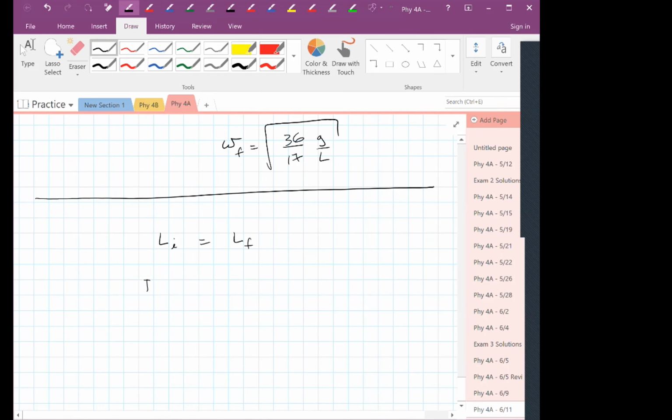So if I is small, then omega has to be large, and if I is large, then omega has to be small. That's a visual of the equation. If we make I big, omega gets smaller. If we make I smaller, omega has to get bigger, because the product of I times omega is a constant. Okay.